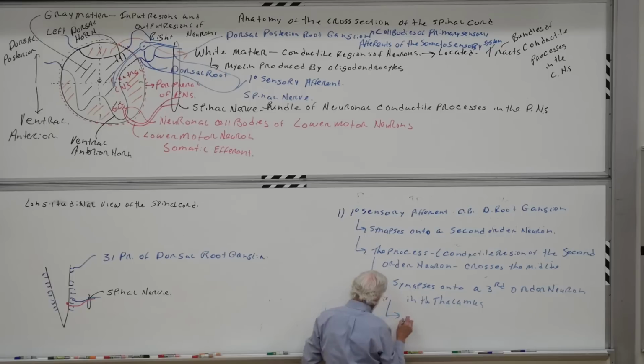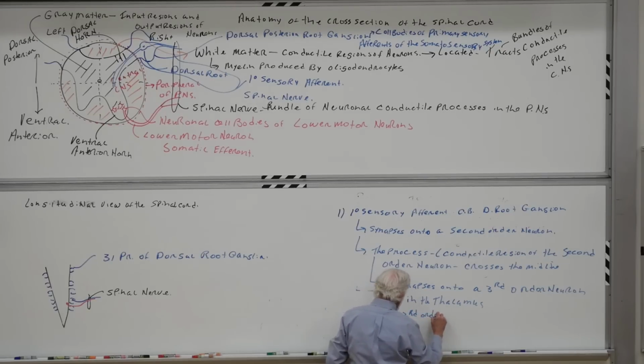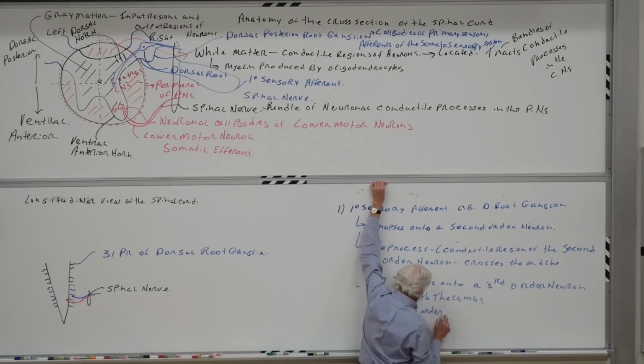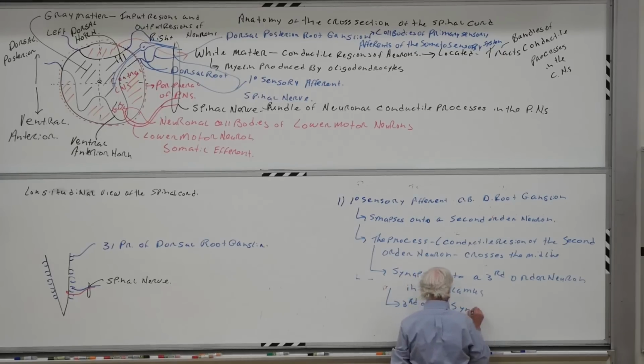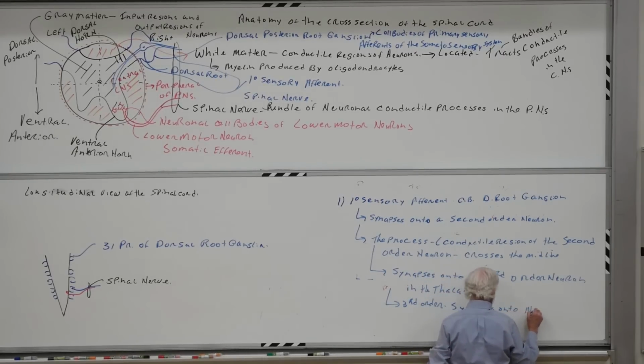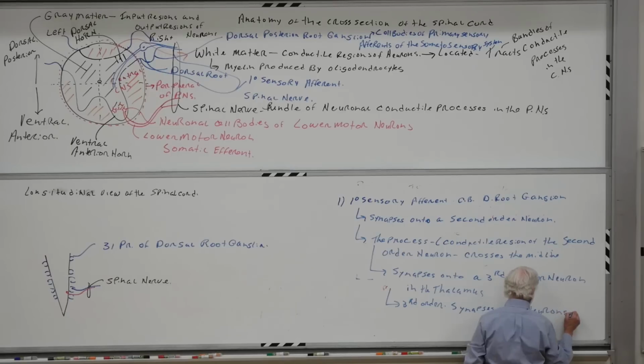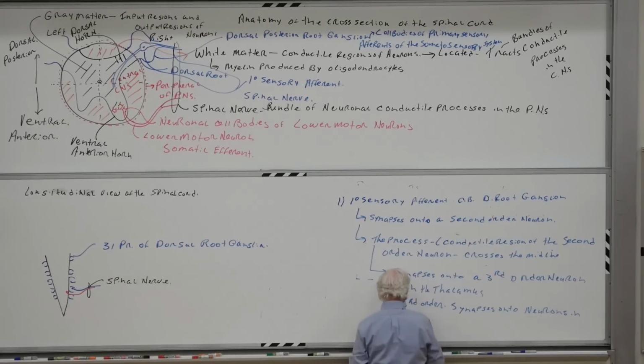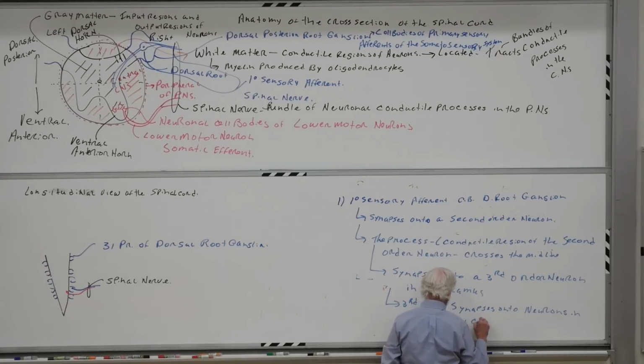And the third order neuron synapses onto neurons in the cerebral cortex.